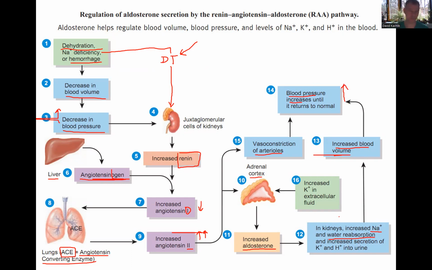So this is the system which starts with renin, continues to angiotensin 1 and 2, and terminates as aldosterone in the distal tubule. And this RAA system, you can see, elevates blood pressure.